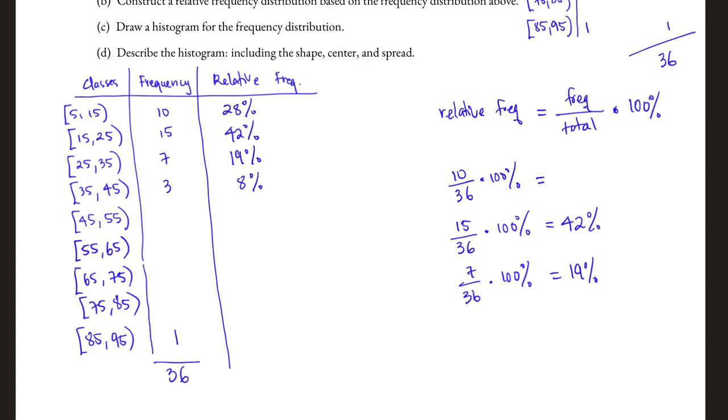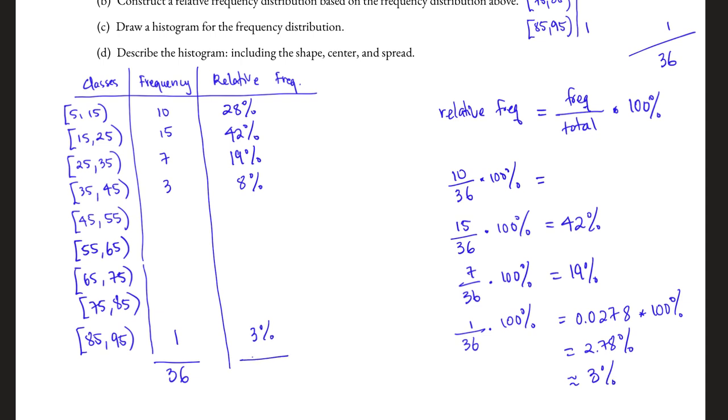And so this is 3%. Again, 1 divided by 36 times 100% is 0.0278 times 100%. So that is 2.78%, and we round it to 3%.